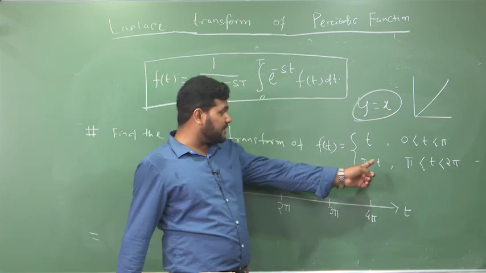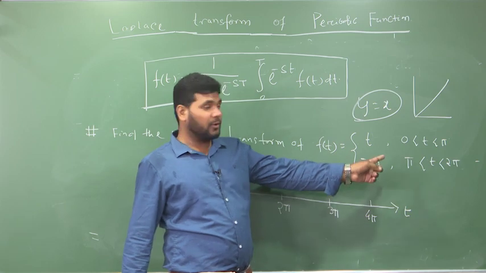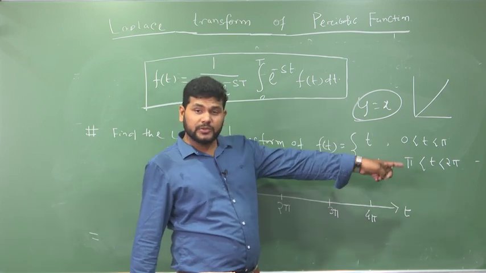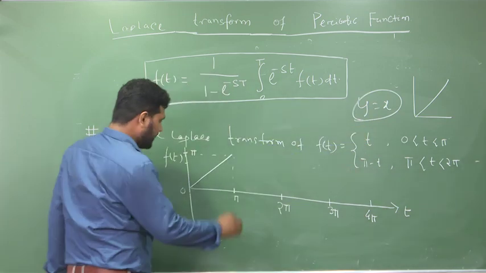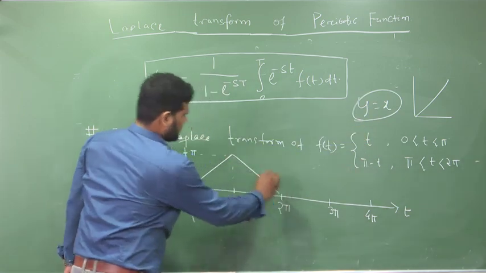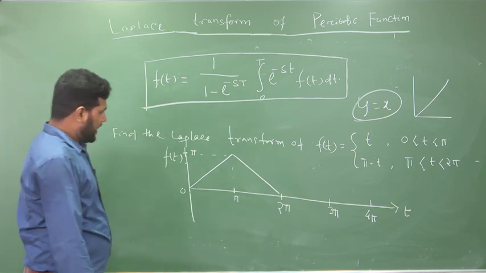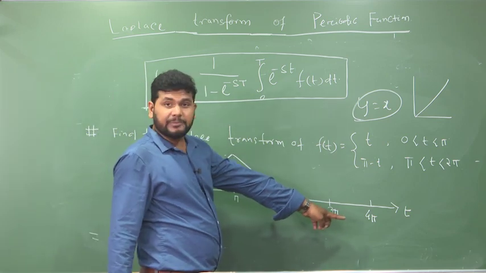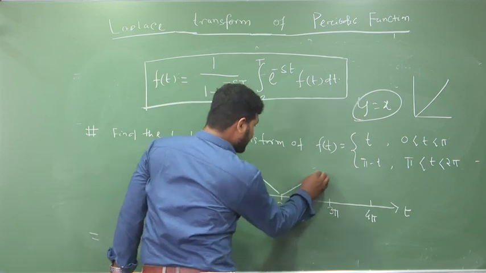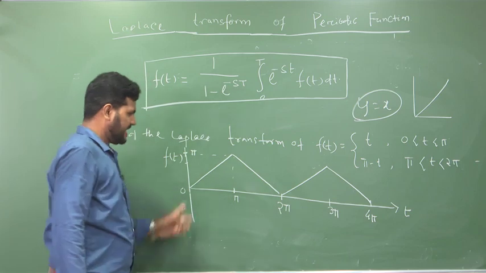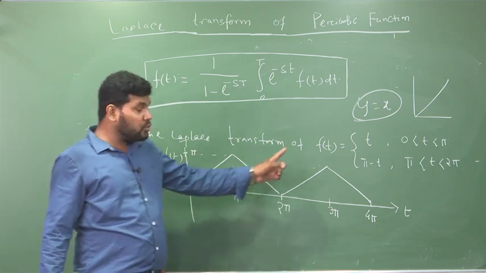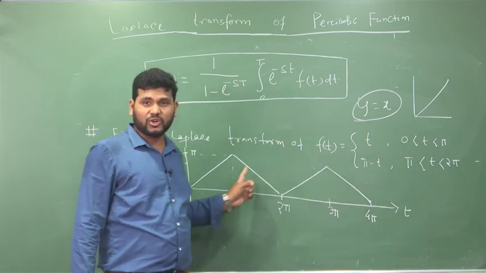So every time this is a negative slope graph. Pi minus t means it will be less than pi. Notice here. Again from 2 pi to 3 pi it will also increase. Again from 3 pi to 4 pi it will decrease, as if the teeth of a saw.